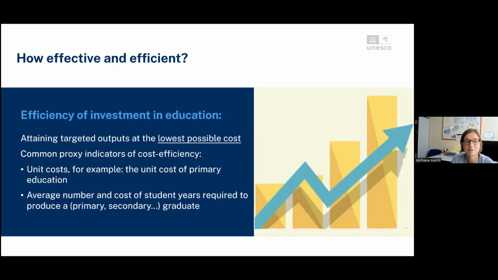But that is only very rough, because the unit cost of primary education in principle should also take into account capital cost, for instance, the construction of schools. There you enter into issues like, how do we allocate the construction cost of a school on a yearly basis to a given pupil.